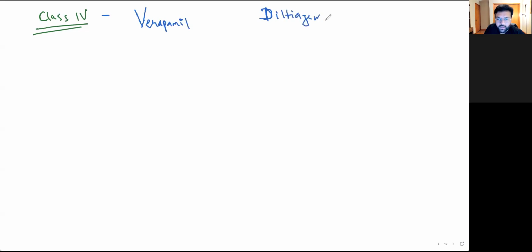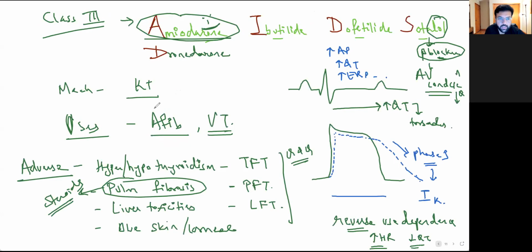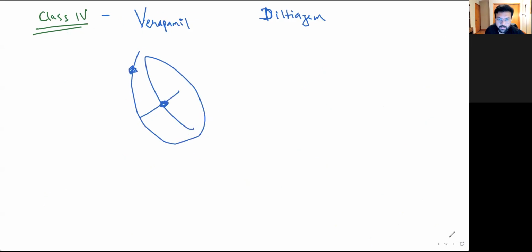So they mainly act on the AV node and SA node. Remember, in class 3 it's about the ventricular myocardium; I didn't talk about pacemaker potential. And in class 4, again, I'm talking about the SA node and AV node. Class 4 are calcium channel blockers. So again, we come to our same old philosophy.